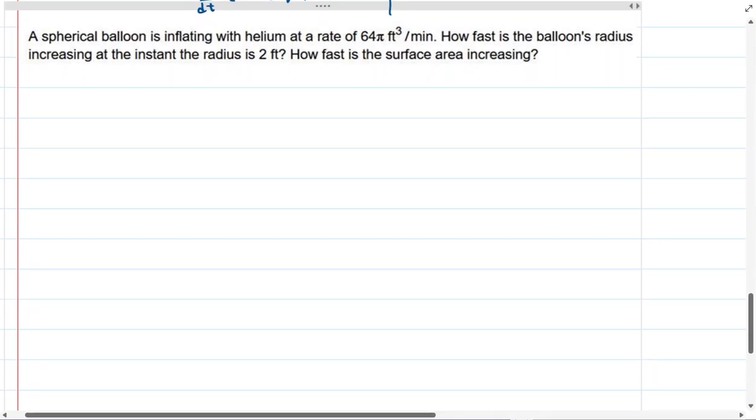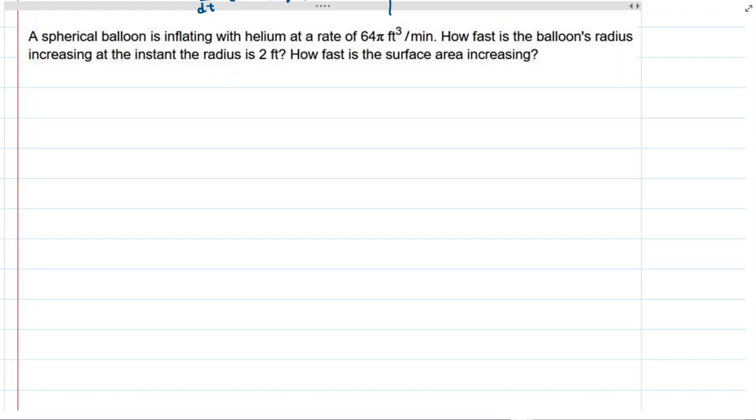This one here, we've got a sphere, a balloon. A balloon is always fighting gravity and fighting the pressure within it. It looks for equalization. So, a spherical balloon is inflating with helium. We're growing in this case, right?